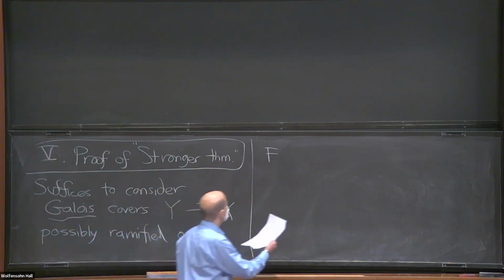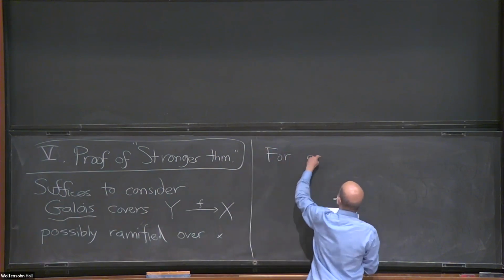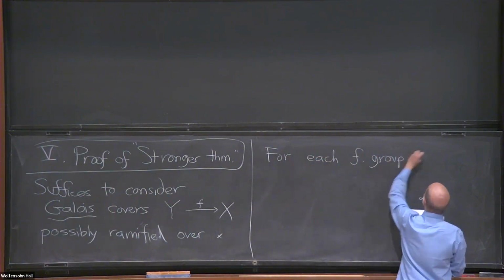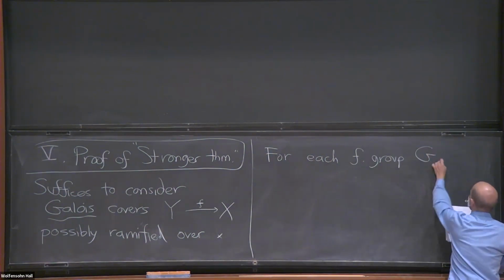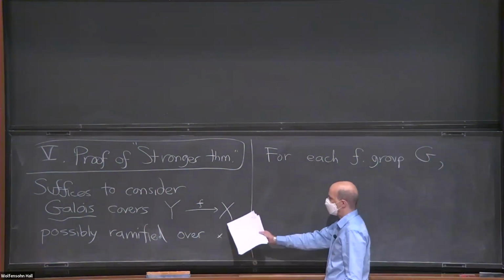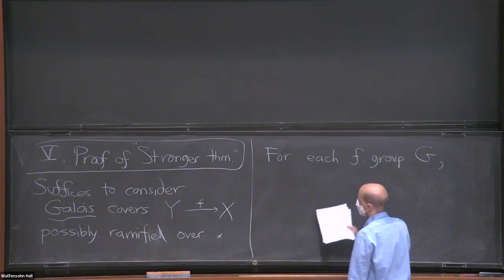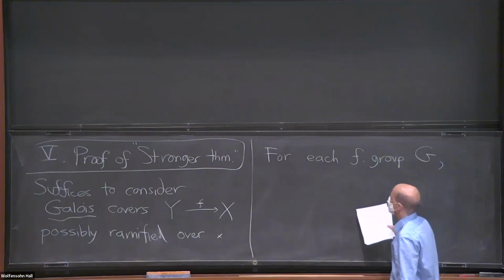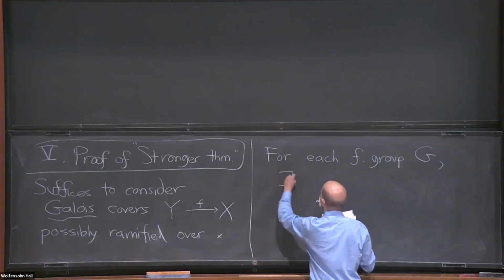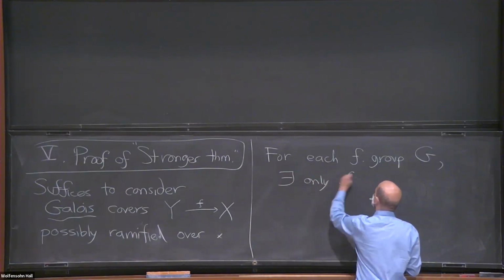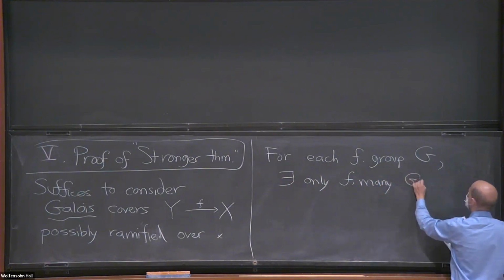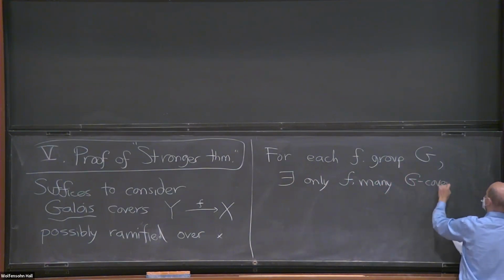So for each finite group G, if you fix the curve x and you fix the puncture and you fix the group G, then there are only finitely many G covers that are ramified outside x.